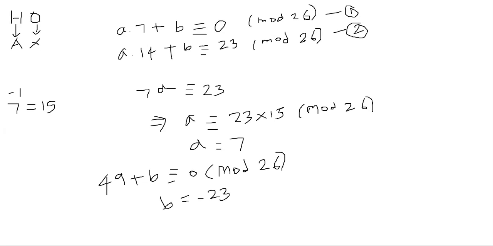All you have to do is solve that equation. Minus 23 is nothing but 3, so b is 3. All right, so we found a and b. These are the secret values, and you are able to find a and b. That's all. Thank you very much for your attention.